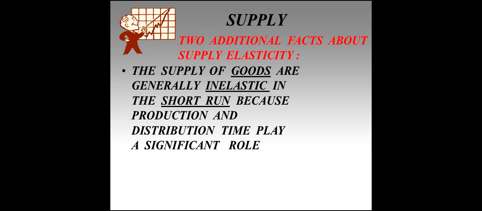And what we mean by that is how much gets supplied to a market is inelastic to a price change in the short run because production and distribution time play a significant role in what can be supplied. Now, before I give you an example to illustrate this, let me cover something else with you that we need to give you some background on.